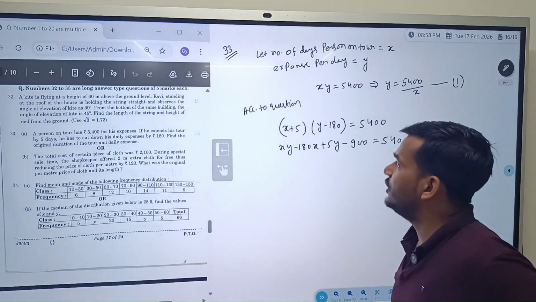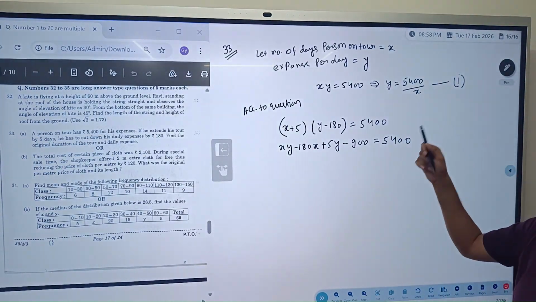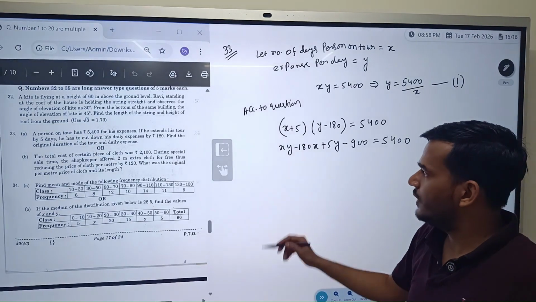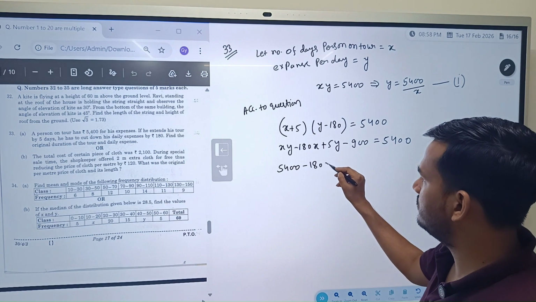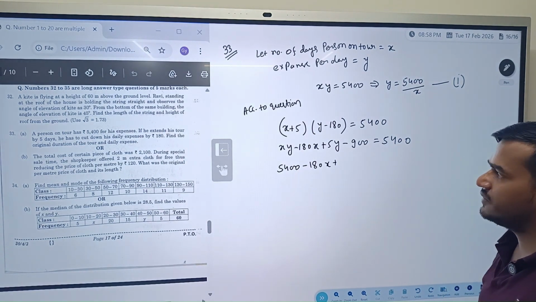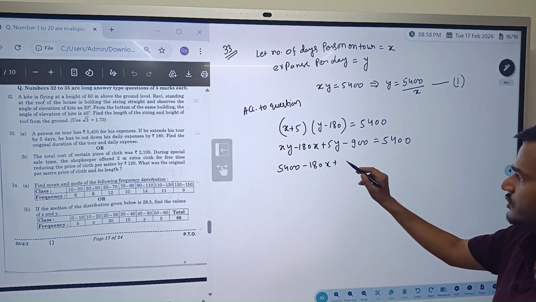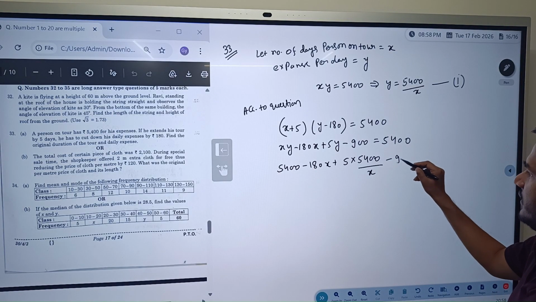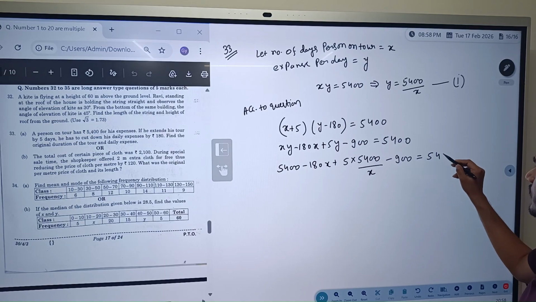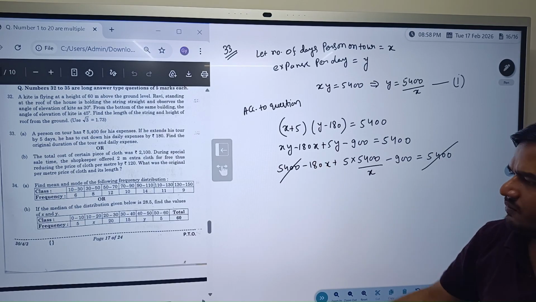Substitute the value of xy and y from equation 1 here. So xy is 5,400, minus 180x, and the value of y is 5,400 by x. So 5 into 5,400 by x minus 900 is equal to 5,400. This will get cancelled.